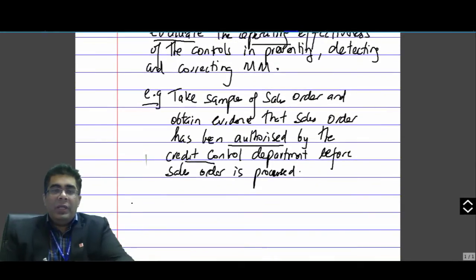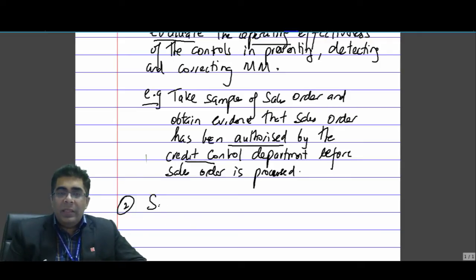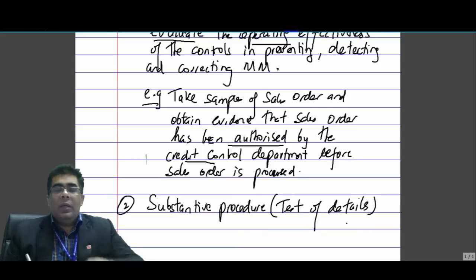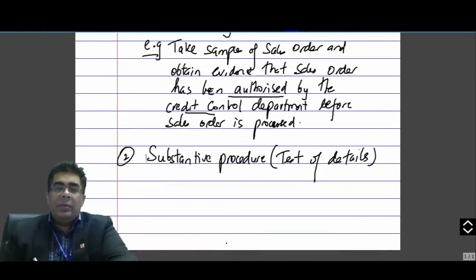Then we have also learned in our previous session that there is the substantive procedure. Another name for that is test of details. Now test of details, what are these?